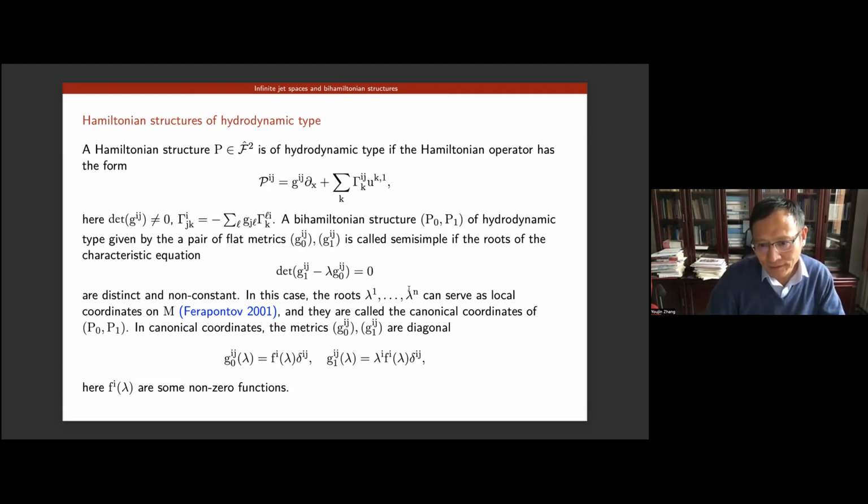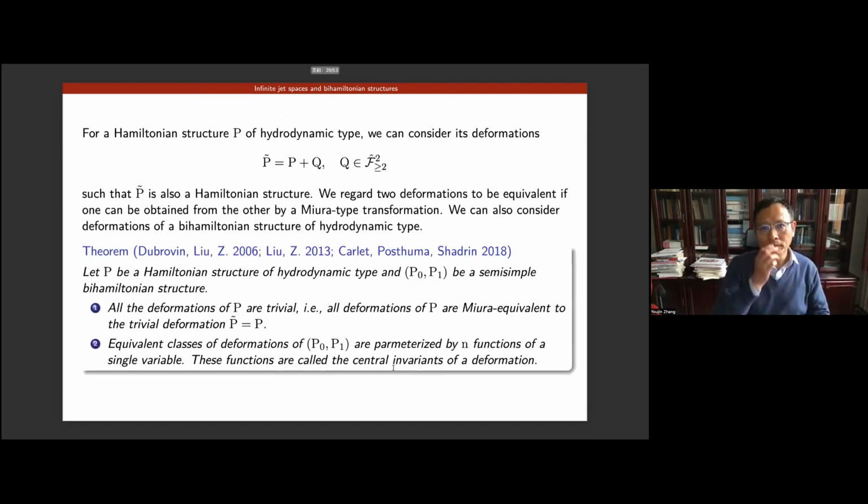So in the canonical coordinates, these two metrics G0, G1 are diagonal. So they can be represented by n functions F1 to Fn. Okay, and then we can consider so-called deformations of the Hamiltonian structure of hydrodynamic type.